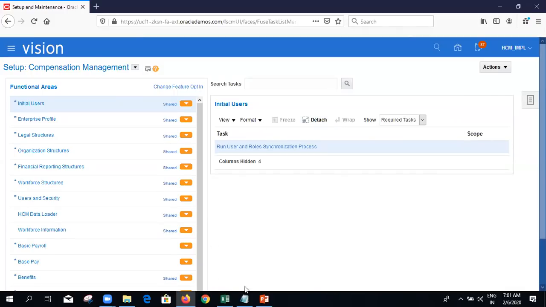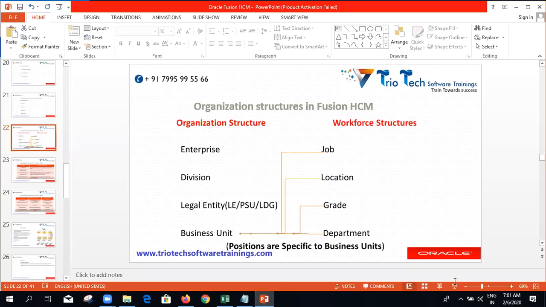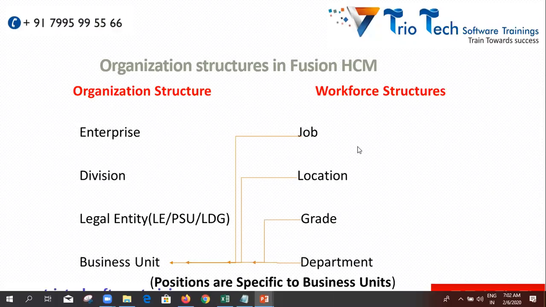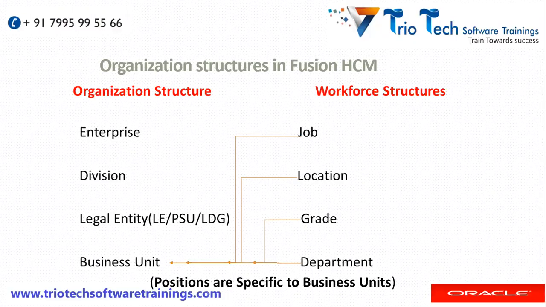Now let me explain to you about the organization structure in the Fusion application. What is the organization structure in Fusion HCM? The enterprise will be at the top, and then we will have divisions.